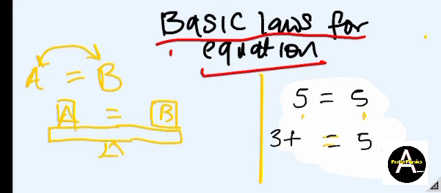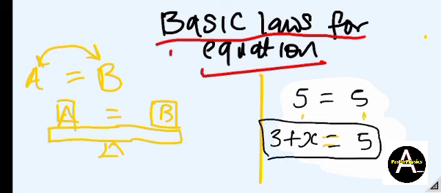I know that when a number is added to 3, it will give me 5. So I don't know the number. What will I do? I have to represent the number by X, right? So this is the foundation of equation, and now it looks like an equation. When I solve for X, then I get the number. Is it easy? Very easy.